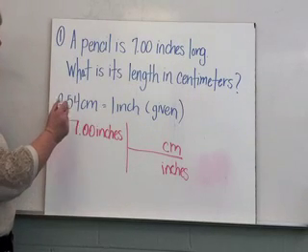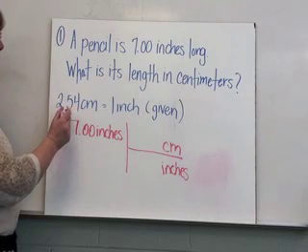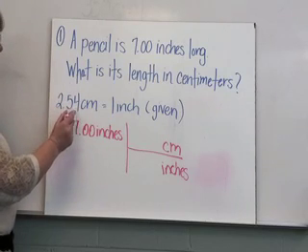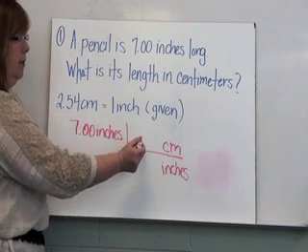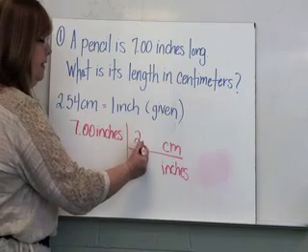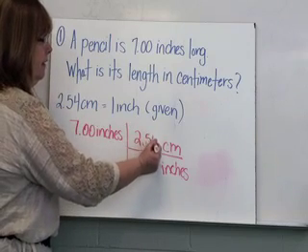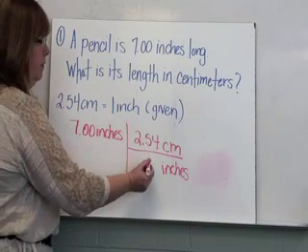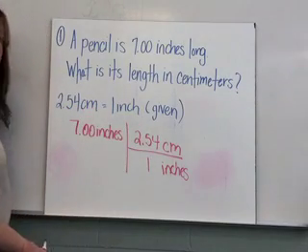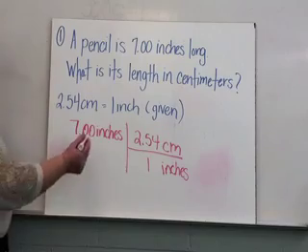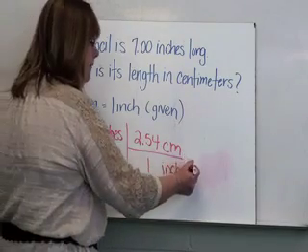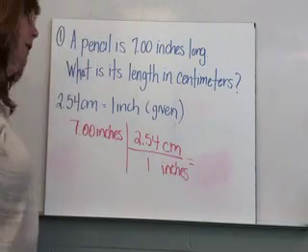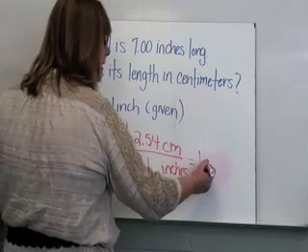Make sure that the number in front of centimeters stays with it. So 2.54 centimeters. So the 2.54 goes here because there are 2.54 centimeters in 1 inch. Now you just do the math. 7 times 2.54 is equal to 17.8 centimeters.